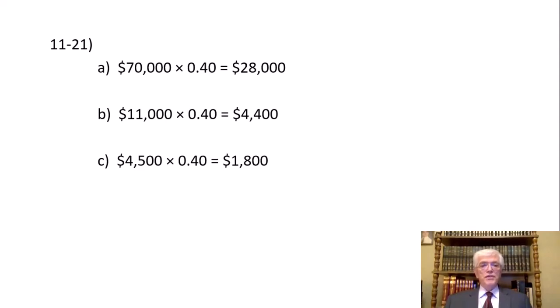Those 3 things will show up on Sammy's K1. Non-separately stated income of $28,000, a long-term capital gain of $4,400, and charitable contributions of $1,800. That'll also be that short-term capital loss that will be there, his 40% interest in that as well.